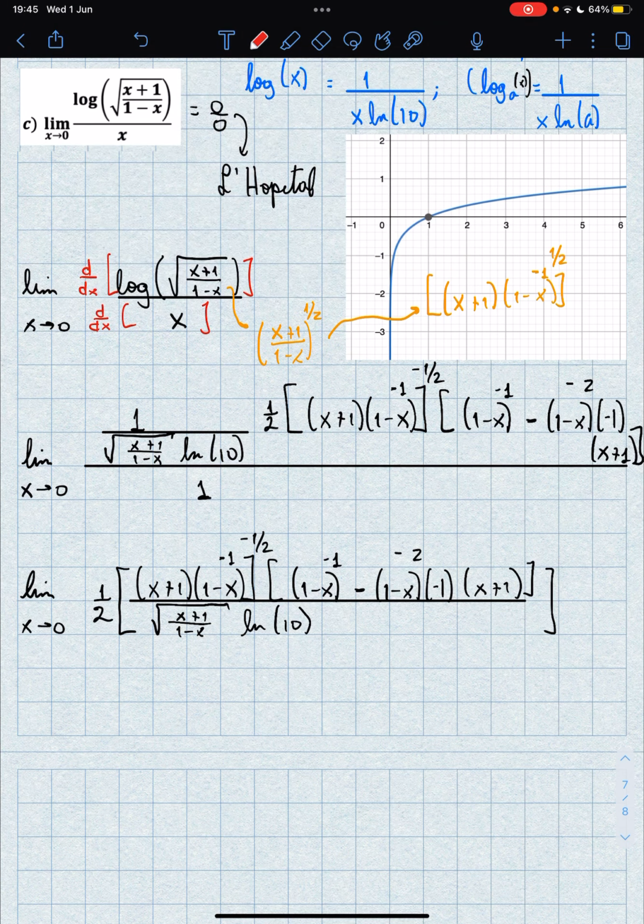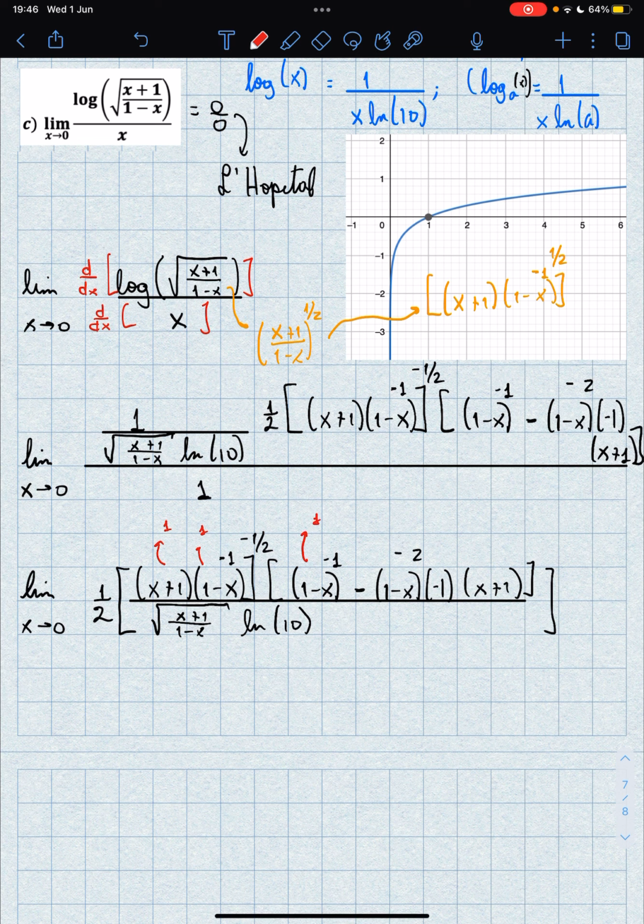So let's do it. Here I'm going to have 1, right? Here I'm going to have 1, I'm going to have 1 over 1, right? This at the end is 1, okay. This is 1. Okay. And this one, I'm going to have 1 over 1.